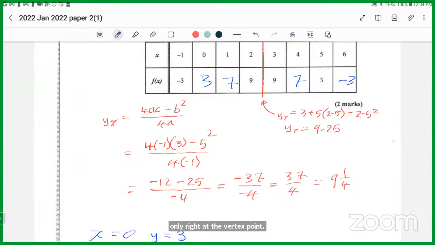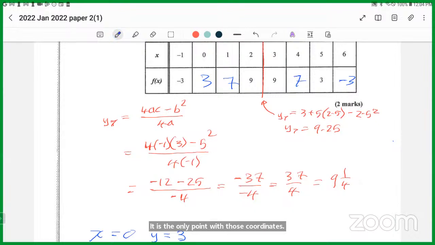A lot of people put 9 as the maximum. The maximum or minimum cannot be any value that occurs at 2 points, because the maximum occurs at the vertex point. The vertex point is a unique point. It is the only point with those coordinates, the only point that has that maximum value.